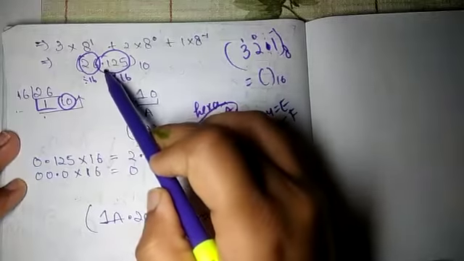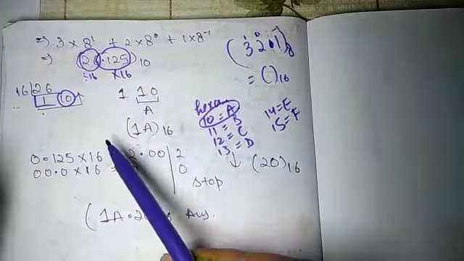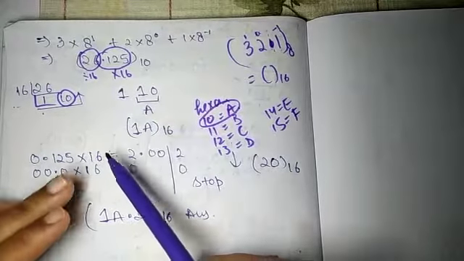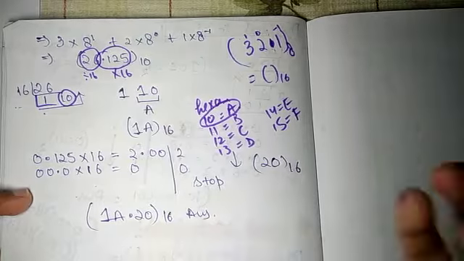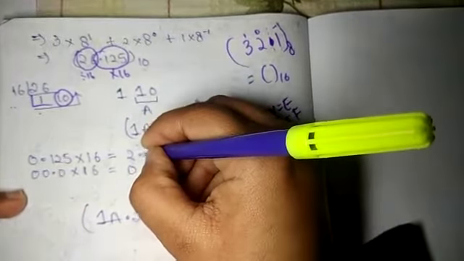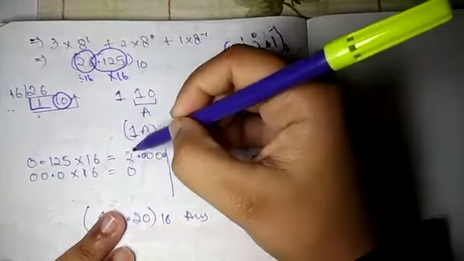Now the second part is 0.125. First it will be multiplied with 16, which is 2.00. Now from here we can see that all values after the point are 0.